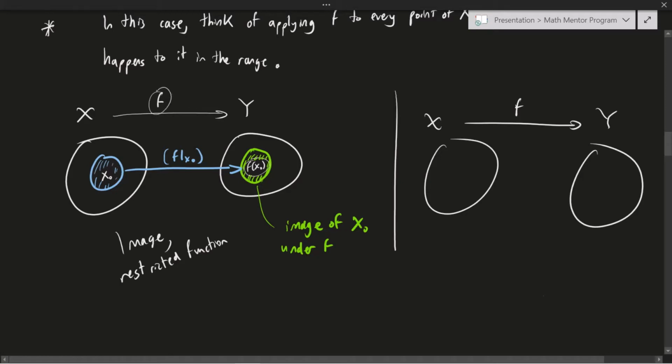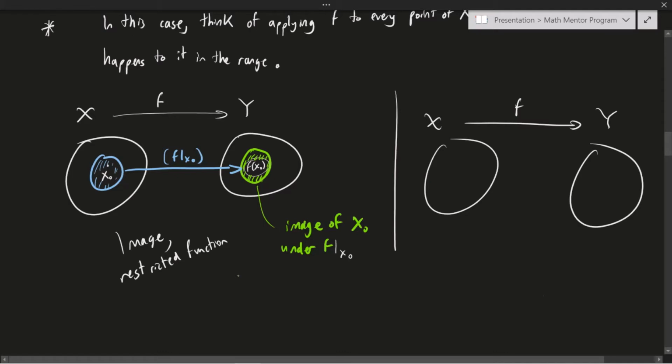It doesn't matter whether I choose f or f restricted to X naught, as long as I stay inside big X naught, everything's still defined. The image of big X naught under f is going to be the set of points in Y that appear as images of the individual points in X naught. So here we have the image of the restricted function.